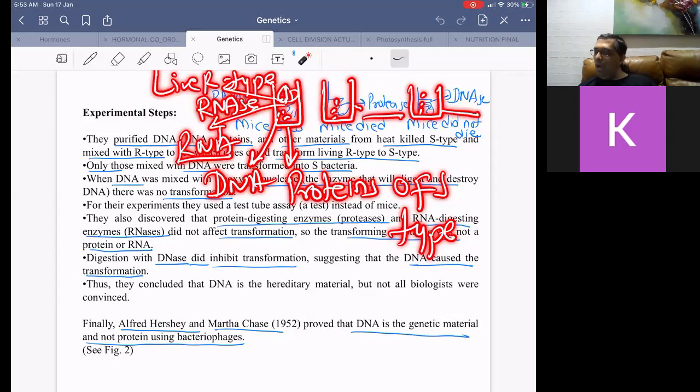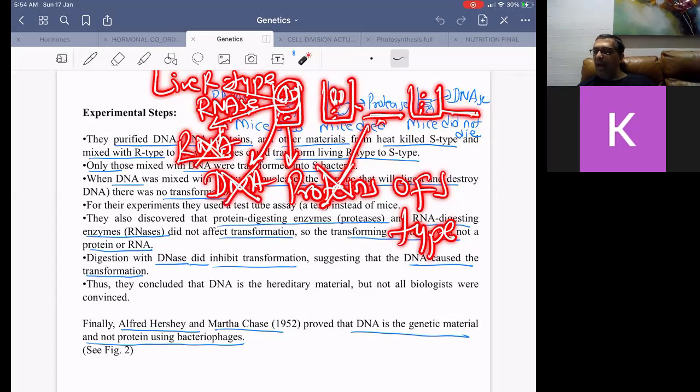And when they put RNase, they found RNA got destroyed, but still live R type got converted into S type. When protease was put, still, what will RNase do? Destroy RNA. What will protease do? Destroy proteins. And what would DNase do? Destroy DNA.